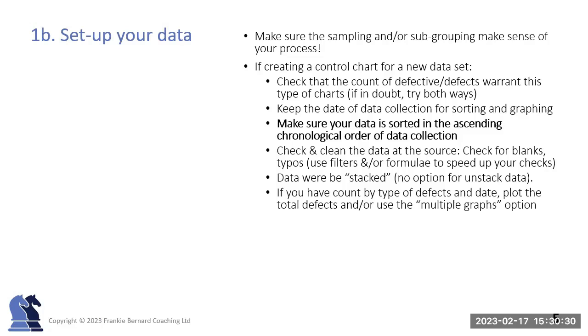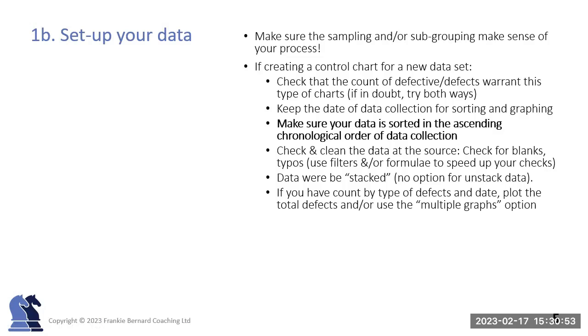So making sure, first of all, that your count of defects or defectives warrants using the right chart. As with any control chart, making sure you keep your date of data collection so that you can sort it chronologically. Making sure your data is clean. Check for blanks and typos, which are very, very common, especially around dates.